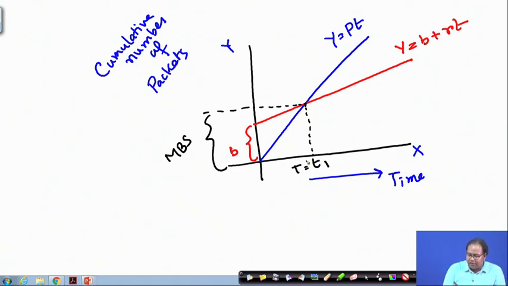Just at point T1 we can write P T1 equal to B plus R T1 at this cross section point.